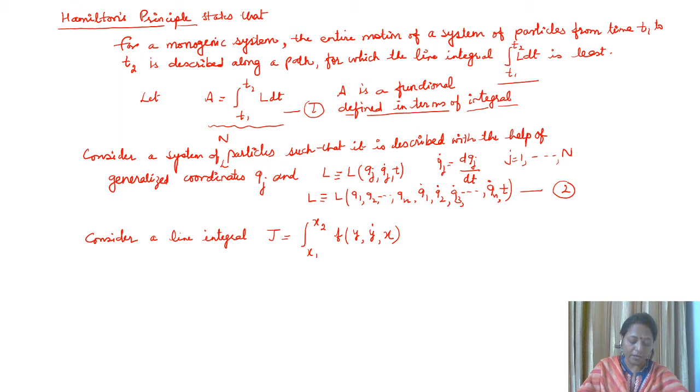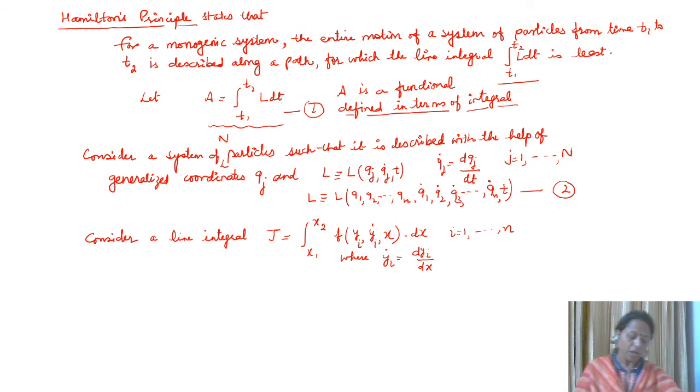At the time of considering this integral J, we will write f of yi, yi dot and x, dx, where yi dot means dyi/dx and i is going from 1 to n.